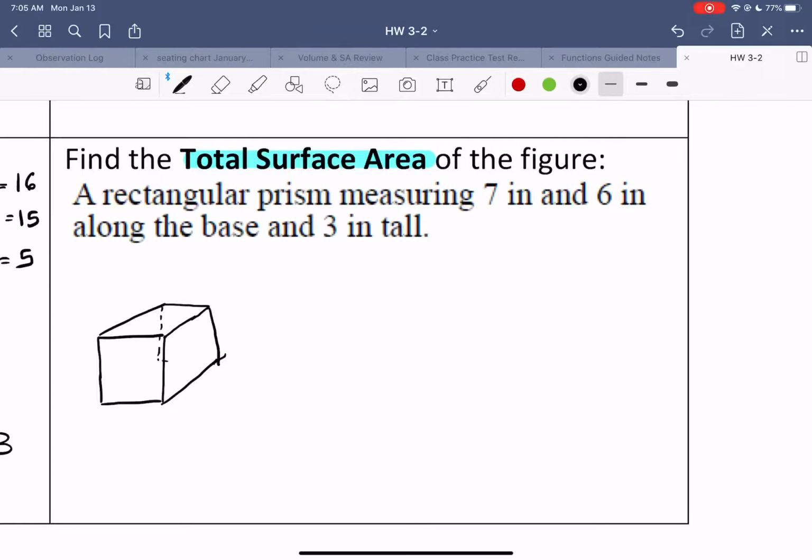Sorry, not very great, but we have 7 and 6 and 3 inches tall.